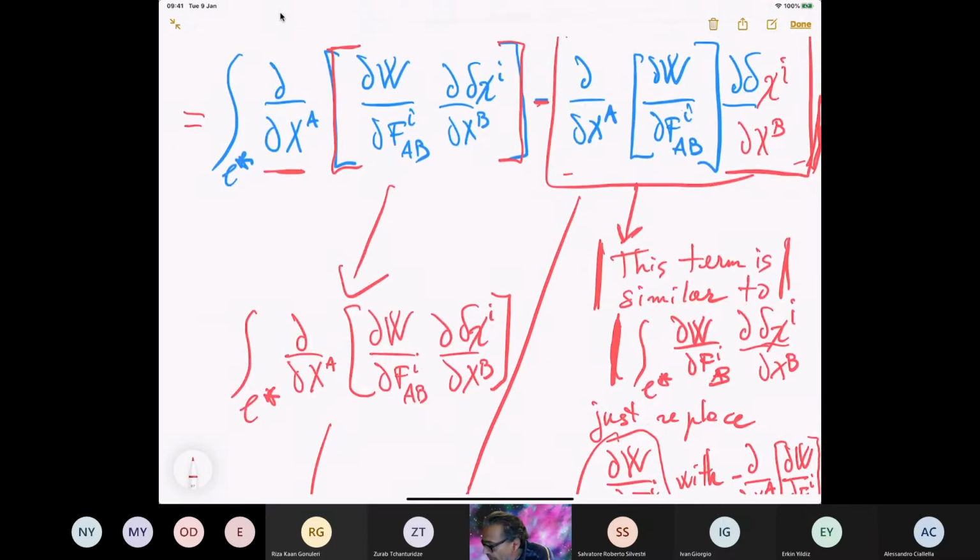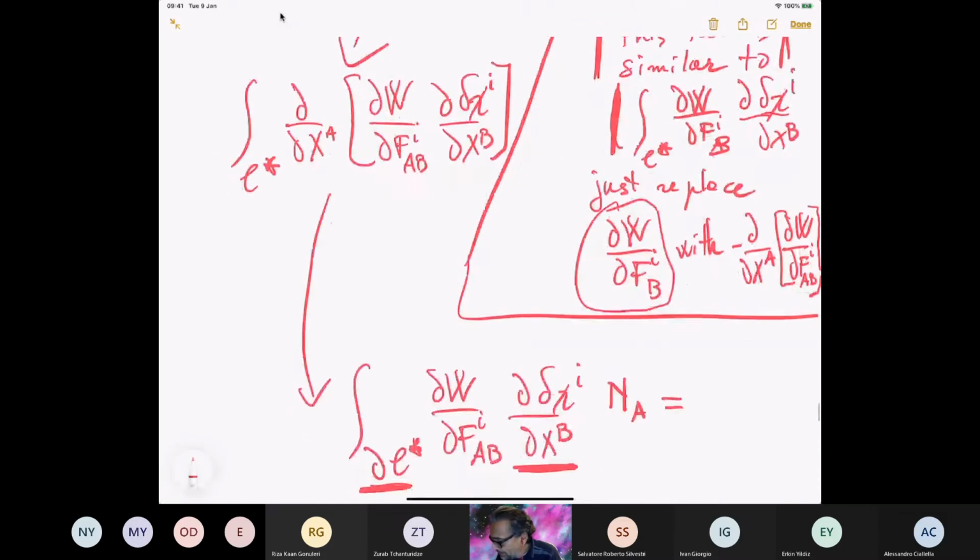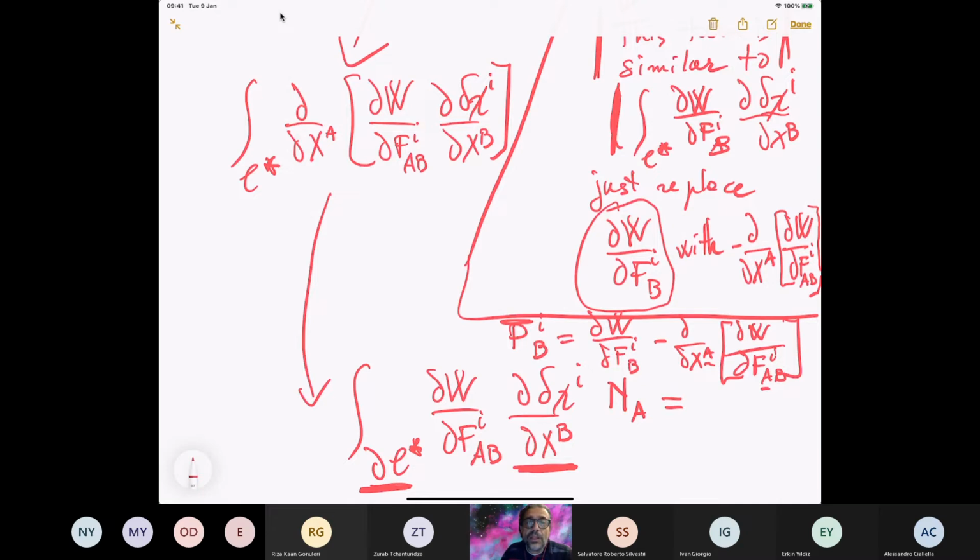So if you call capital P bar iB equal dW over dF_iB minus d over dX_A of dW over dF_iAB, remark that this A is saturated there, and you repeat the calculations which we have done for the first gradient, you get the same result with the new P. So one could believe that nothing is happening.